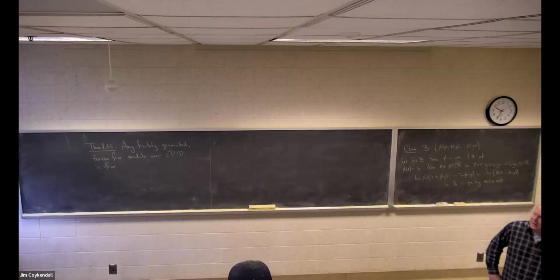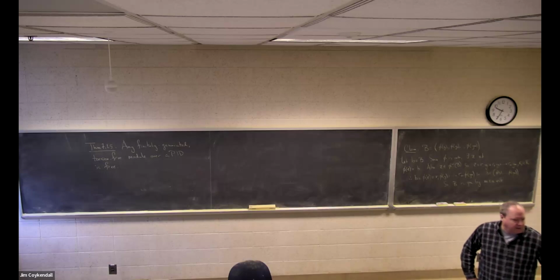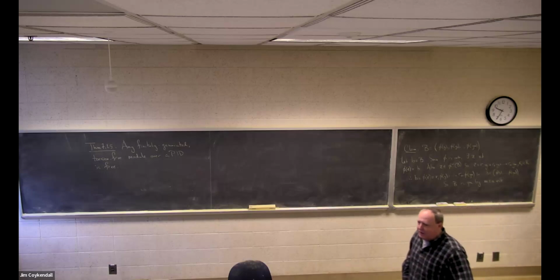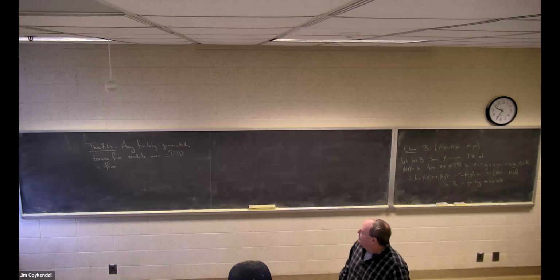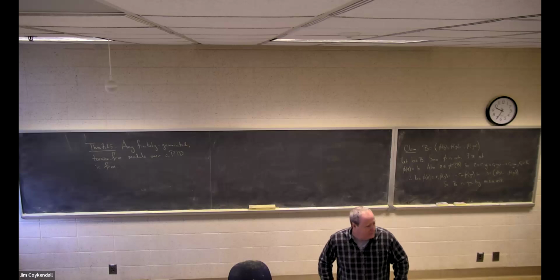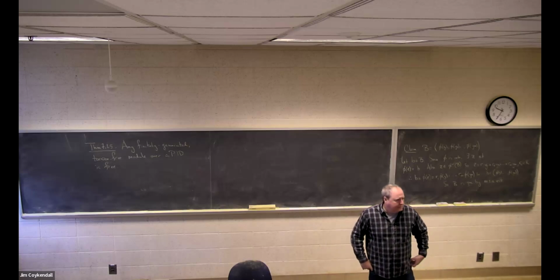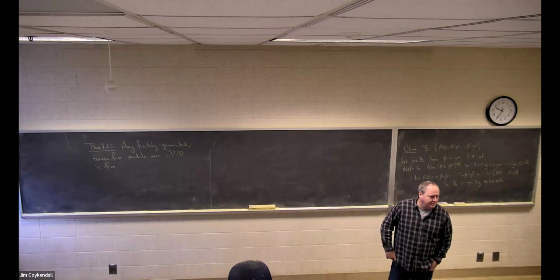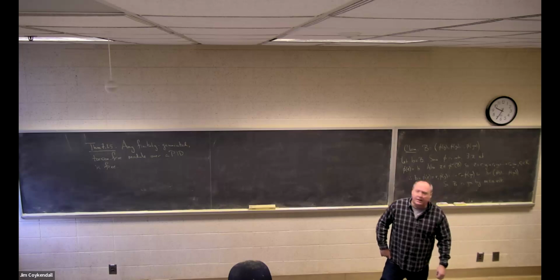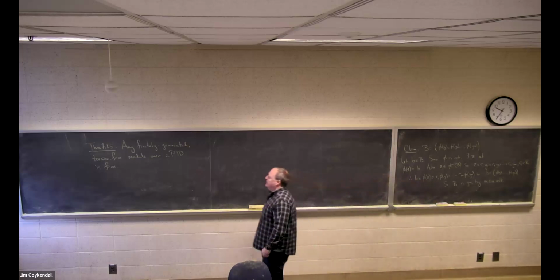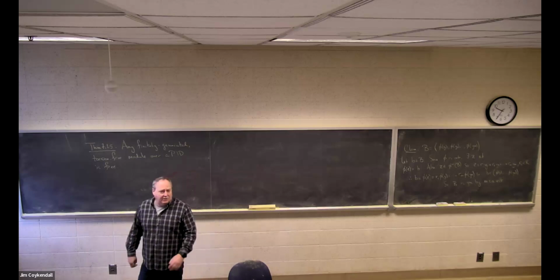What about finitely generated? Can anybody give me an example of a torsion-free module over Z? That's not free. That's an example: Q. Q is a good example of this, and you're going to see this in the next homework.